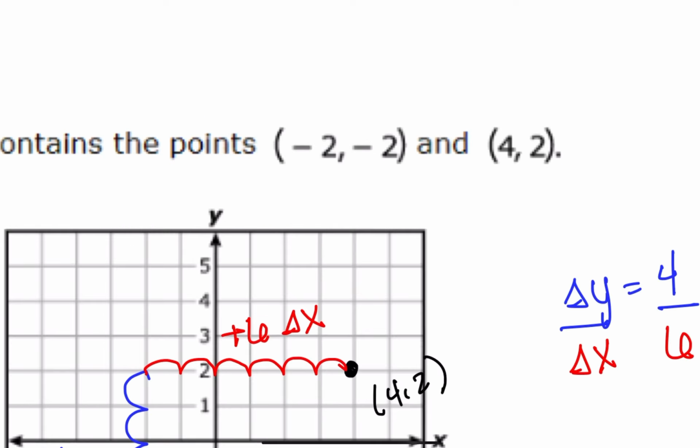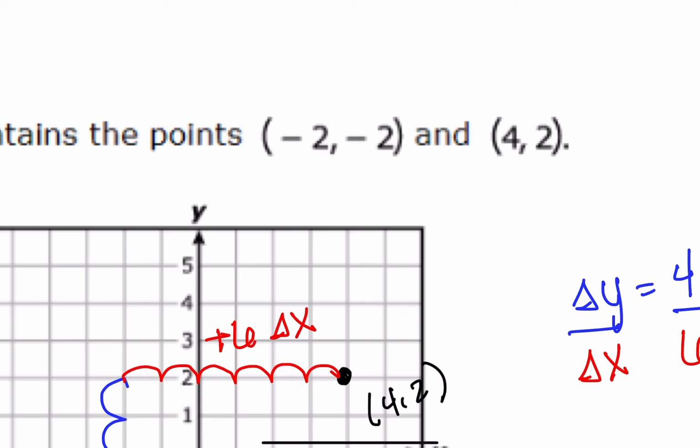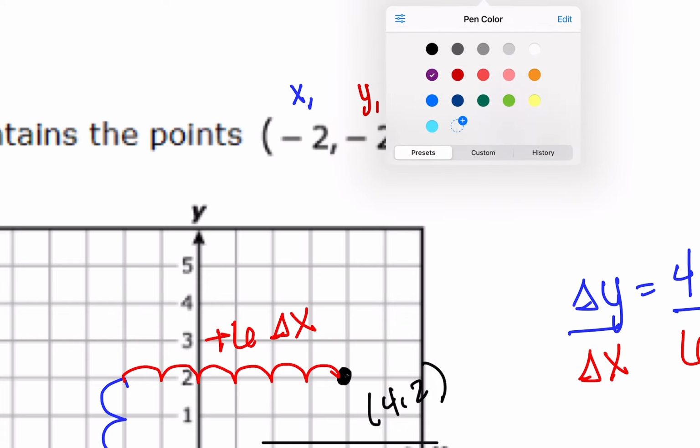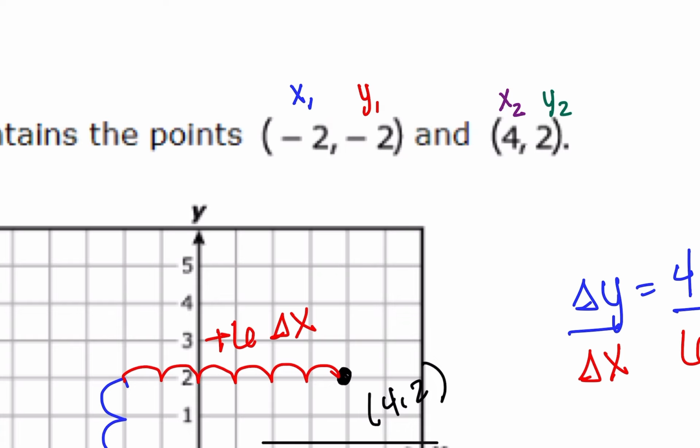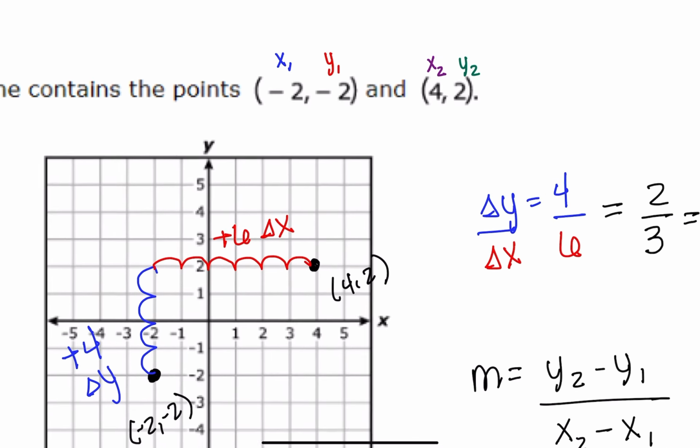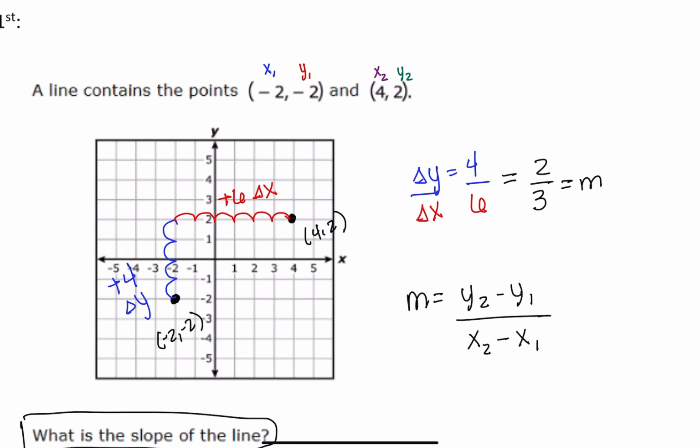So what that means is let's go to the point. This is my negative 2 is my first point, x1, y1. Again, it's my first point. So then I'm going to go to my second point. This is x2, and this is y2, because that's my second point. All I'm going to do is substitute those numbers into that formula.